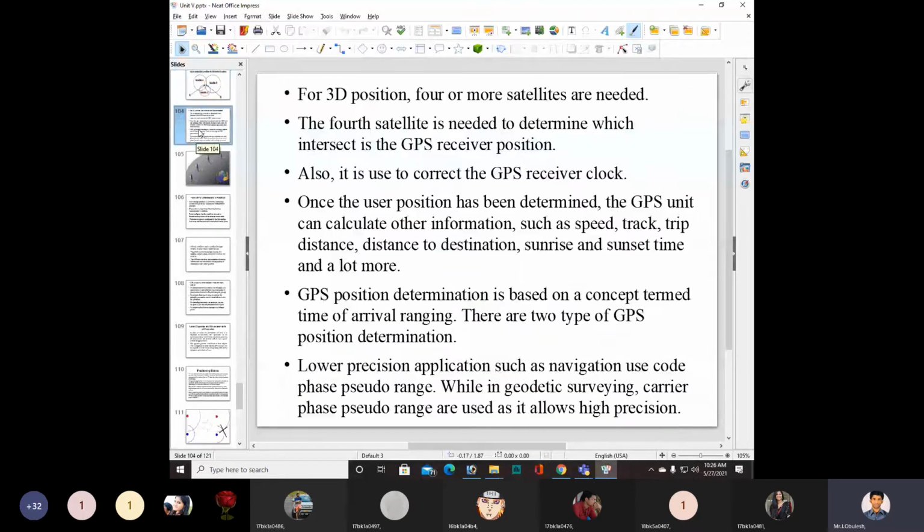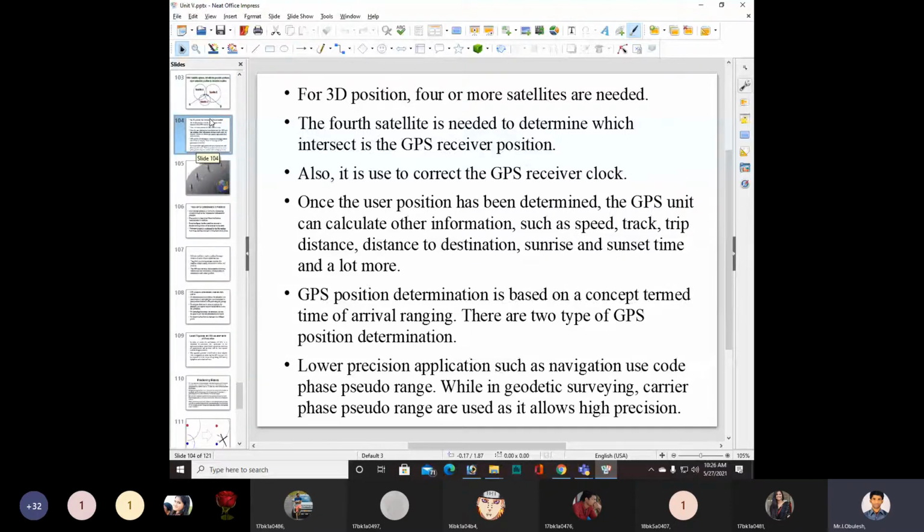For three-dimensional position, four or more satellites are needed.